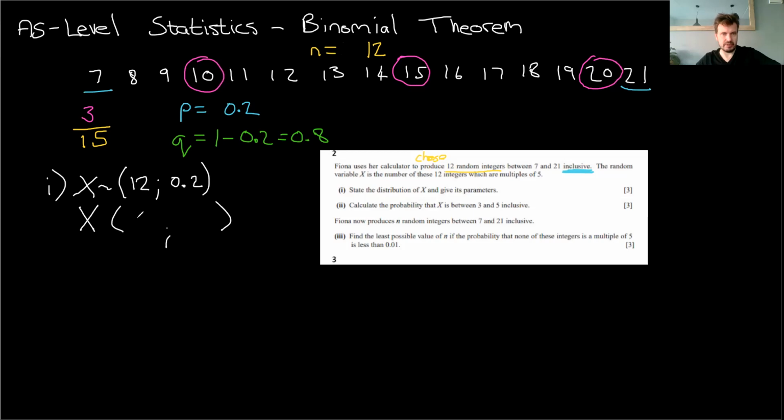In fact, I missed out something here. We need to say what kind of distribution it is, because for the parameters of the distribution, you say what kind as well. So it's binomial distribution.